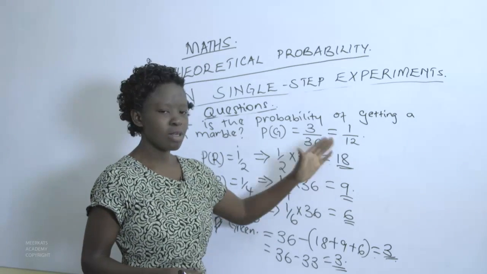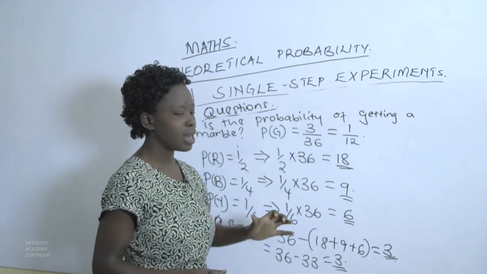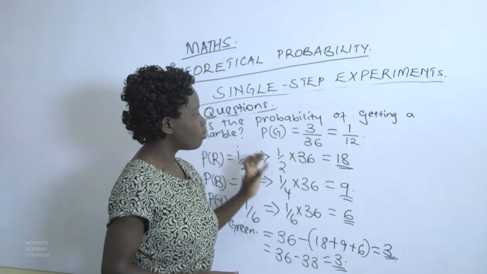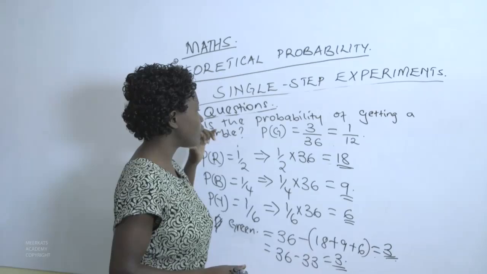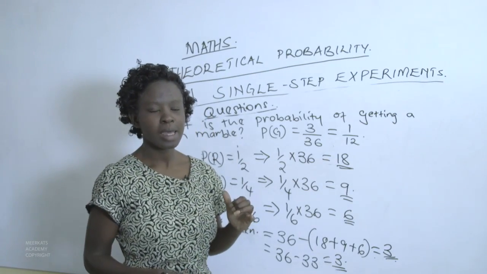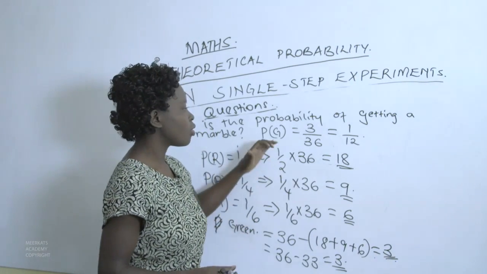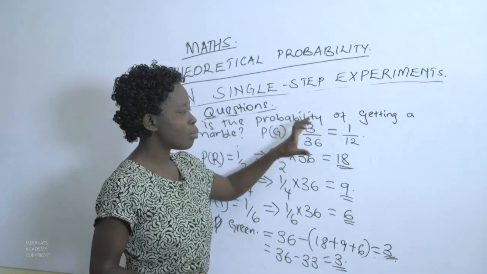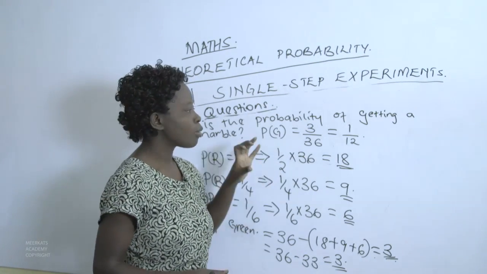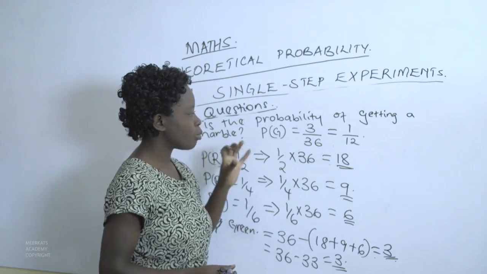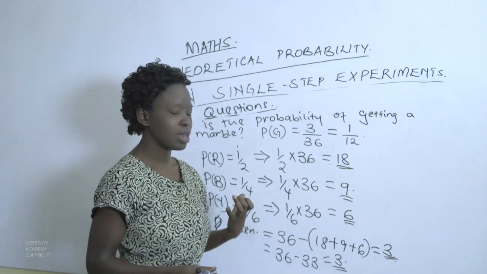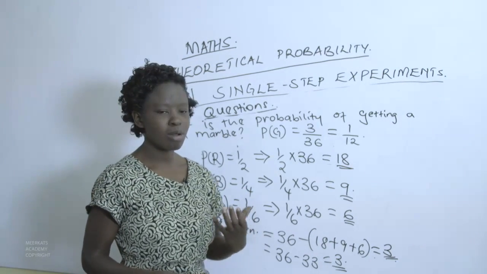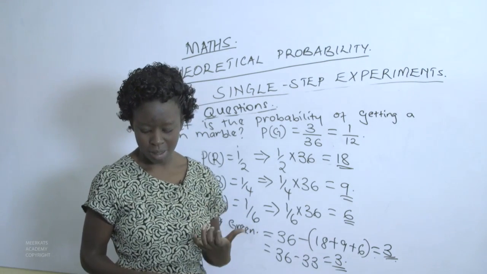So as long as the probabilities of getting the other colors, that is red, blue, and yellow, are maintained, the probability of getting a green marble does not change. The number of marbles in the bag will not matter.